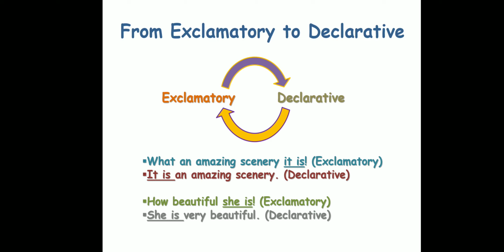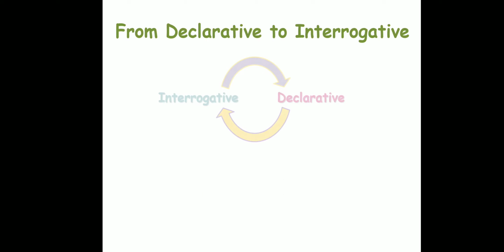Now the next part of the chapter will teach us how to change from declarative to interrogative. Declarative sentences, I already told you, give out information to you and end with a full stop. And what is interrogative? Think about what you studied in the last chapter for interrogative sentences.